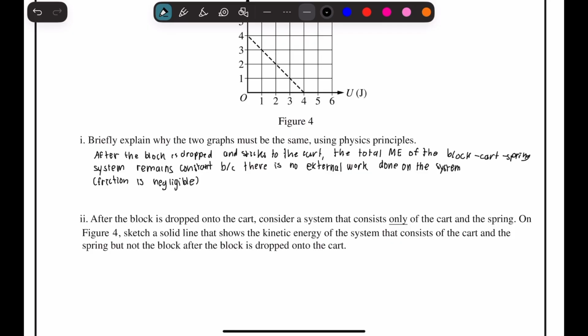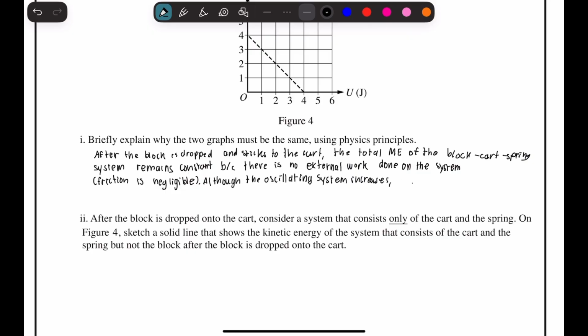And we also know that although the mass of the oscillating system increases, the cart and block continue to oscillate between the same positions, X is equal to plus or minus L, as we've seen earlier.